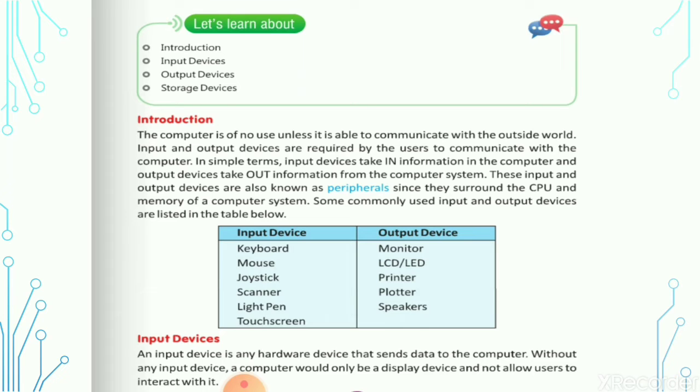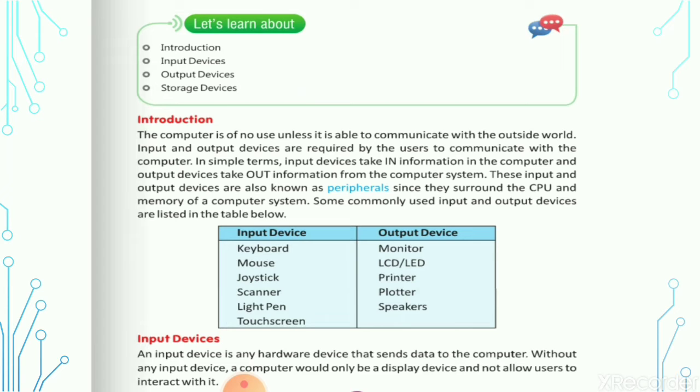You can see here a table, and there are two sections of the table. In the left section there are some input devices, and in the right section there are some output devices. So what are the input devices of a computer that take in the information?